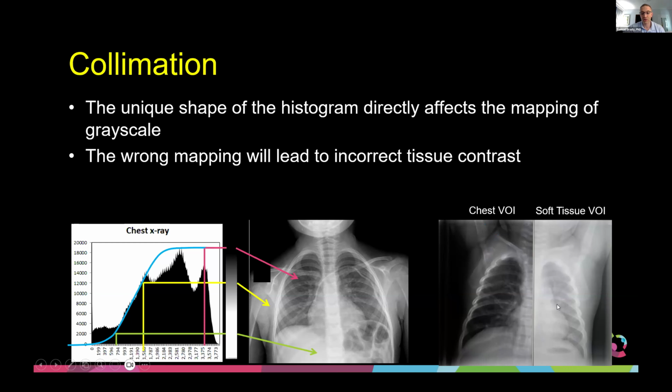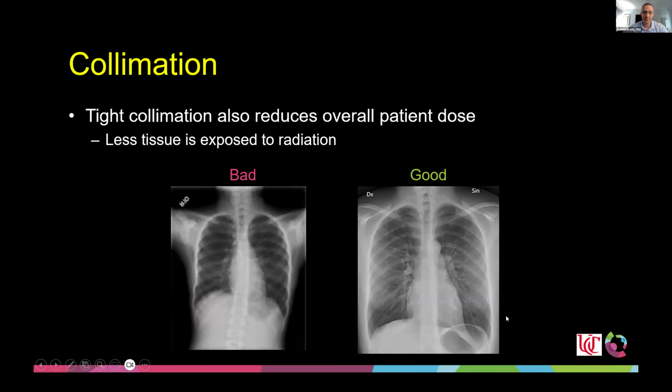You can see how it drastically changes the view or the contrast in the image. So collimation actually directly impacts image quality. Yes, because of scatter, but mostly because it changes the shape of the histogram, which will confuse the algorithm on the back end.